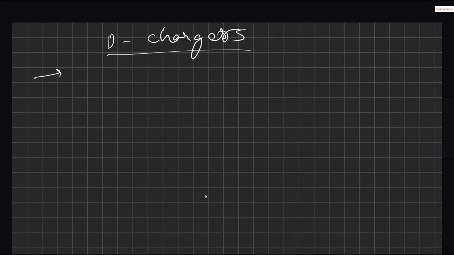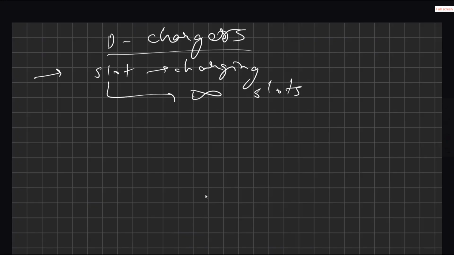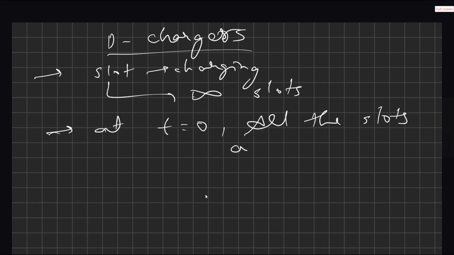What they've said is we have charging slots, and we have infinite slots. At time 0, all the slots are empty, which means we don't have any charging battery plugged in.